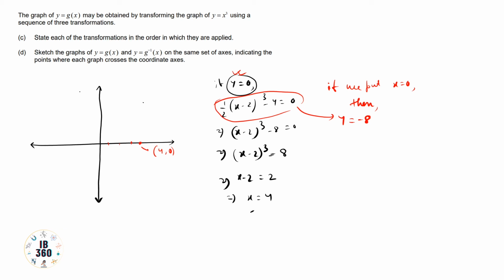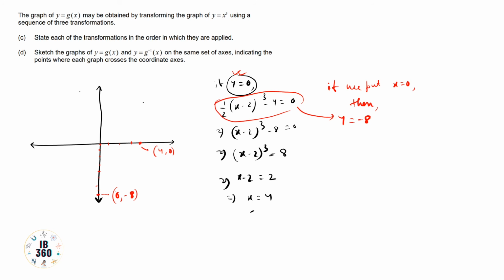So if x is 0, then y must be 1, 2, 3, 4, 5, 6, 7, 8 somewhere here, that is minus 8. Sorry, so this will be (0, minus 8). So this is the point.